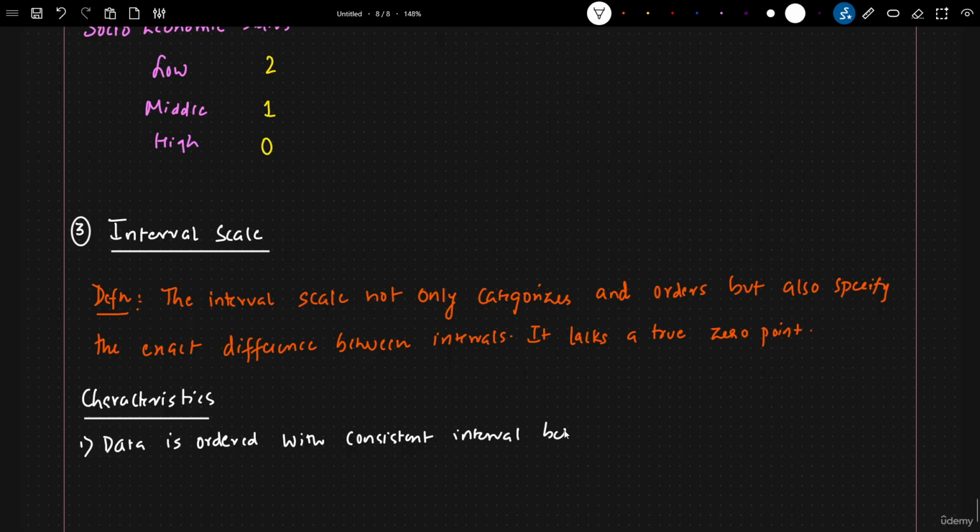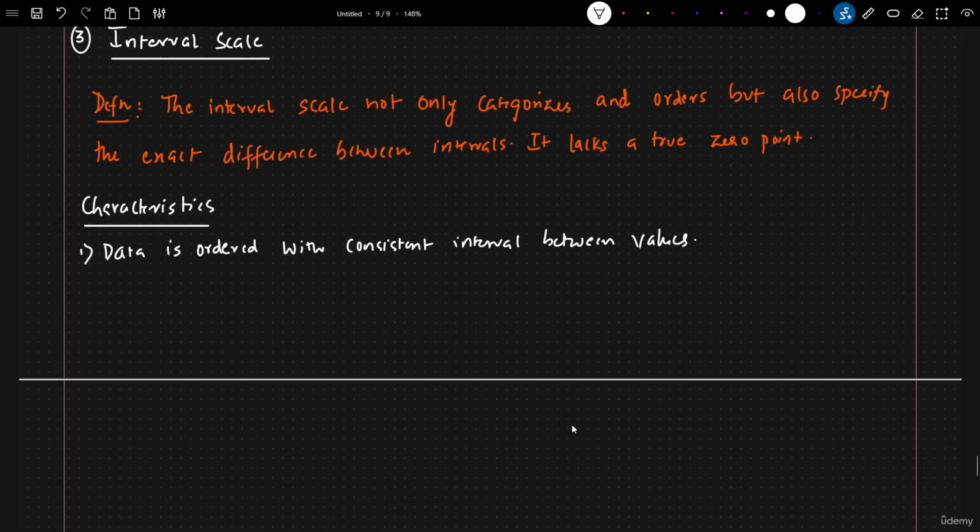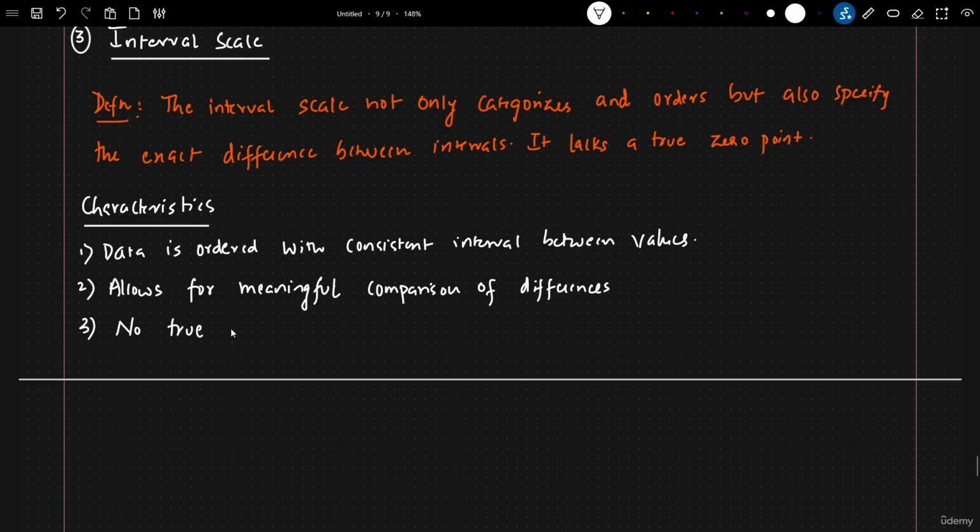Then the second important point is that it allows for meaningful comparison of differences. Then the third point is it has no true 0 point.